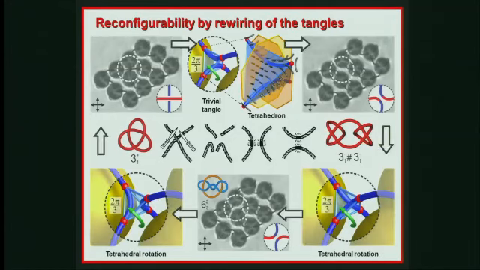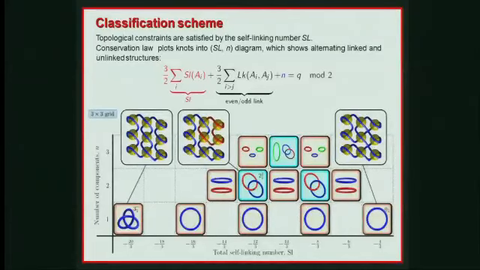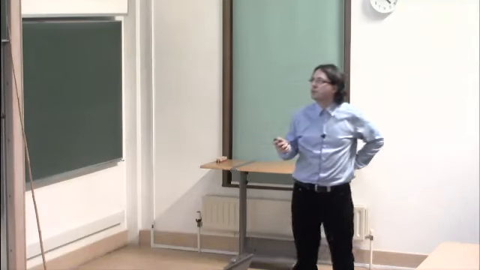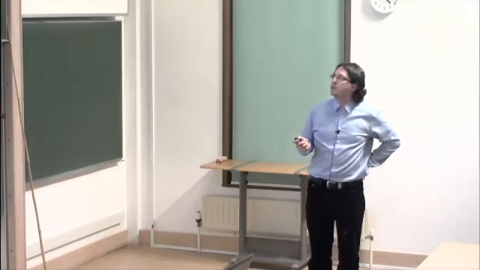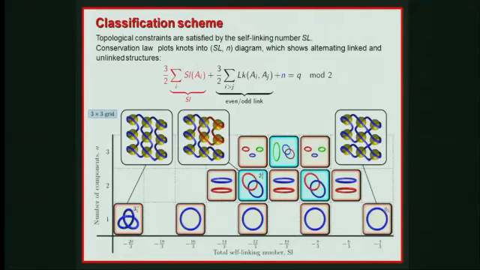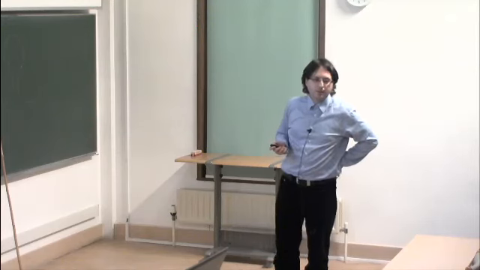Another thing is the application of this conservation law, which we were mentioning before. If you use it on such a system, you can see that if you plot a diagram of total self-linking number and the number of loops which you have, linked and unlinked structures alternate quite nicely.